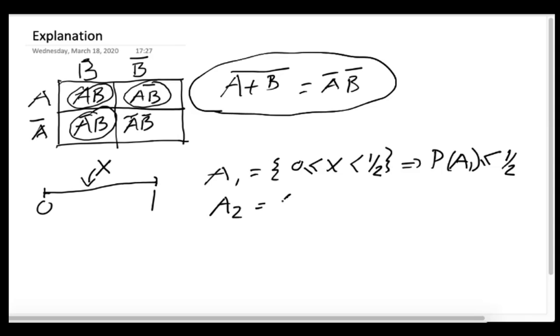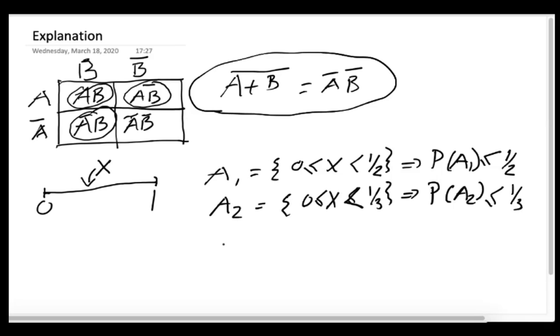A2 is the event that x is between 0 and 1/3. What do you think about that? Well, we don't have the equal sign here. Okay. Then you get a similar result. This probability is at most 1/3.